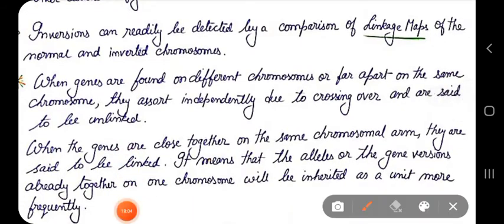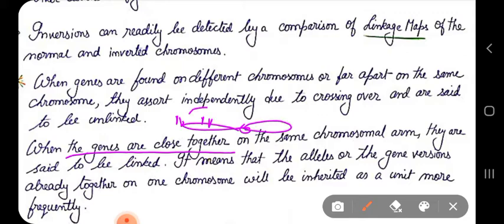But if genes are very close together within the same chromosome arm, they are said to be linked. They will move together during cell division as a unit.